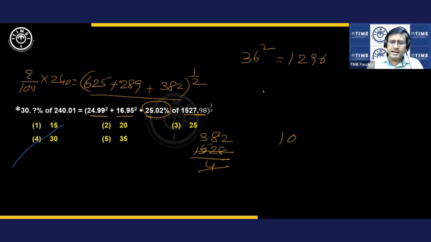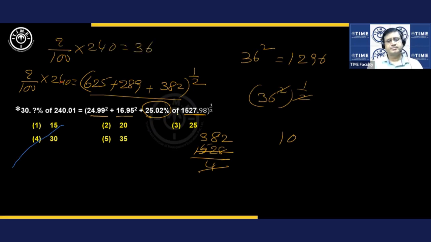So here 36 square whole power 1/2 means 2 and 2 get cancelled. So directly we can write it as question mark by 100 into 240 is equal to 36.